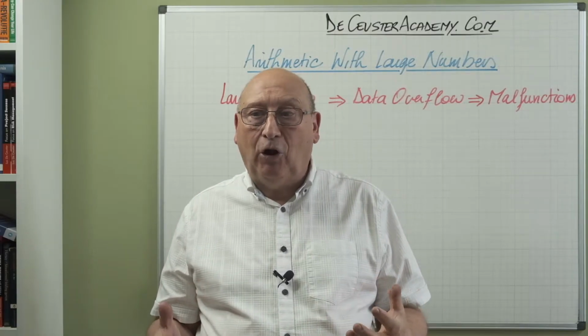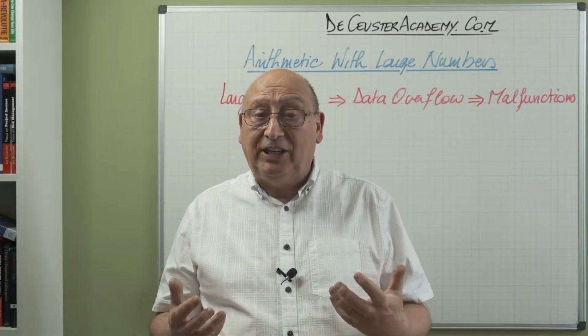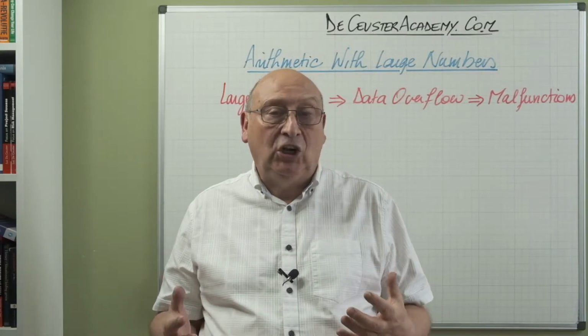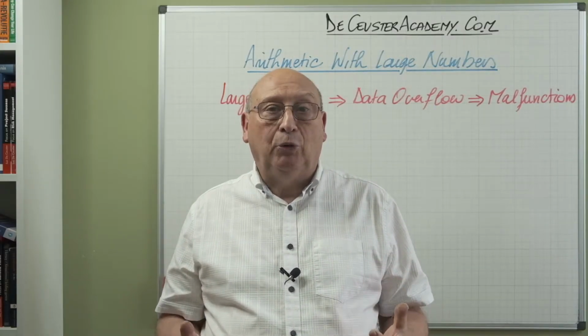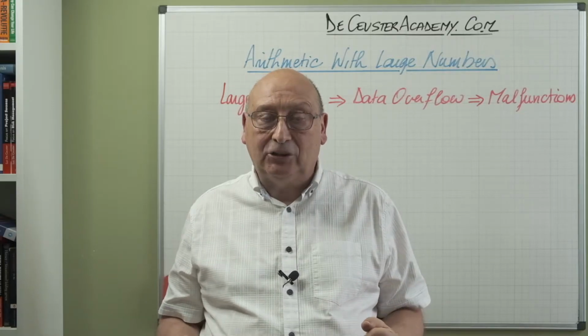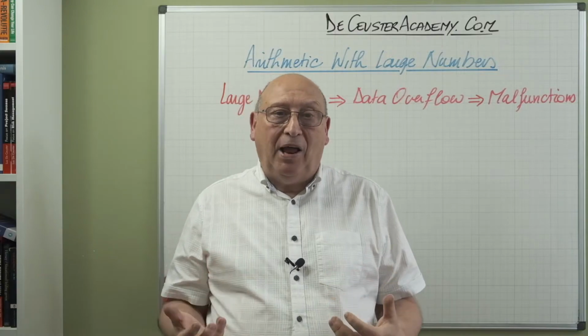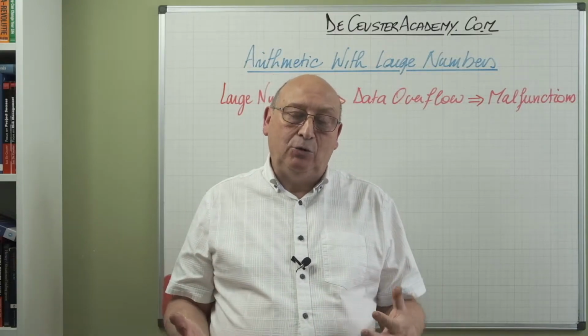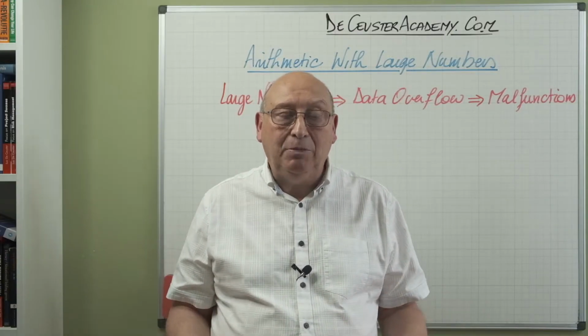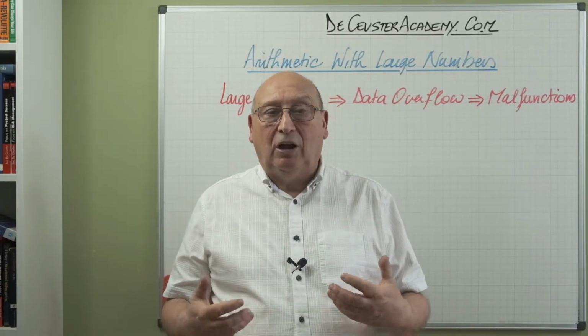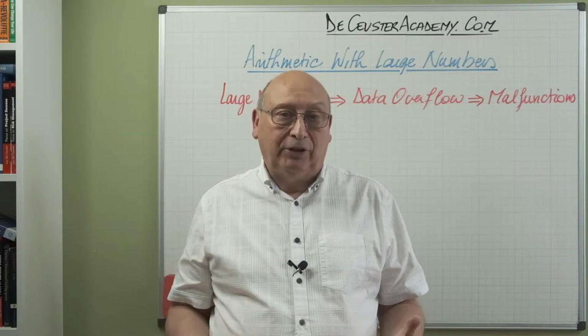And data overflows stop the program, create a problem, and of course we have to avoid this. The program should be working in all circumstances. What we're going to do is to apply a modular technique. We're going to apply the Chinese Remainder Theorem to do operations with large numbers.